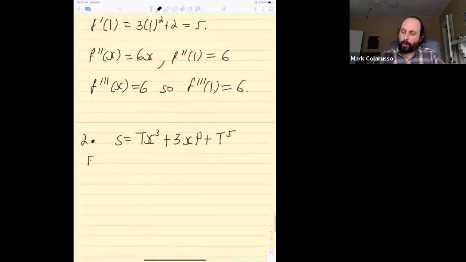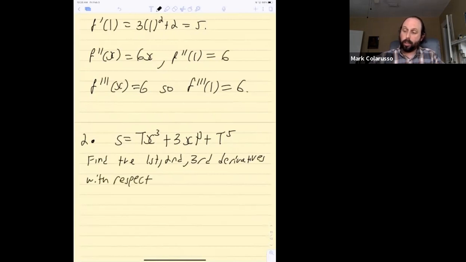We want to find the first, second, and third derivatives with respect to the variable capital T at capital T equals -1.